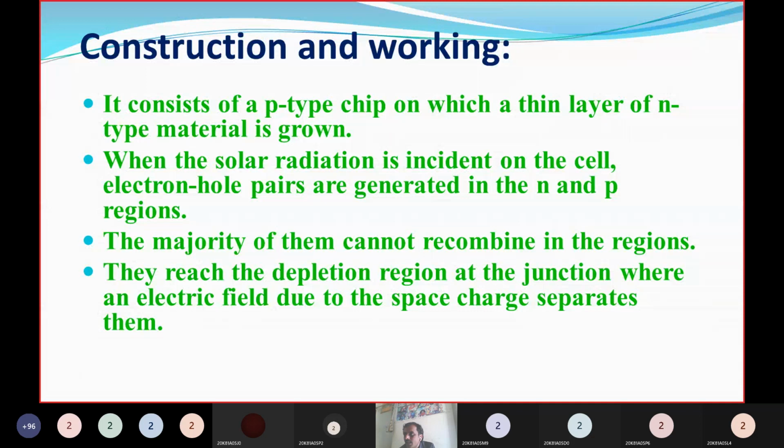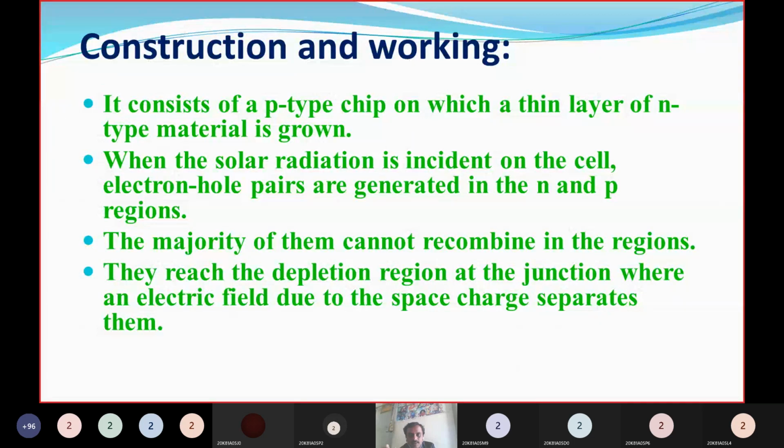When solar radiation is incident on the cell, electron hole pairs are generated in the p and n regions. In the case of a photodiode, electron hole pairs are generated only in the intrinsic region, but here they are generated in both the p region and the n region.